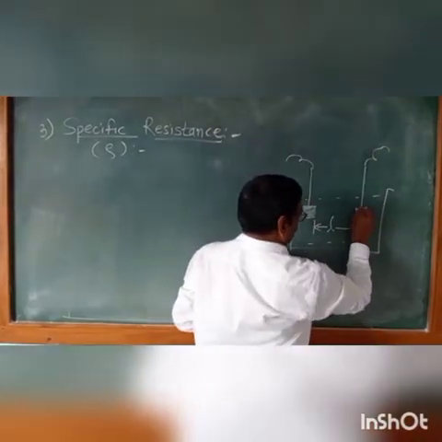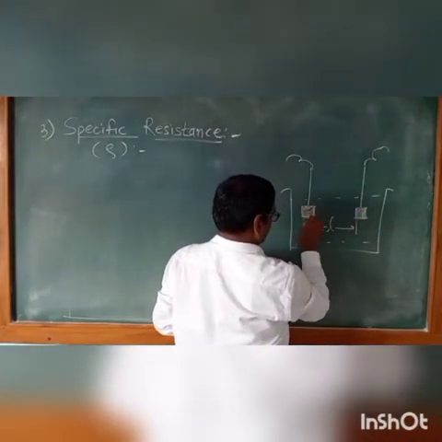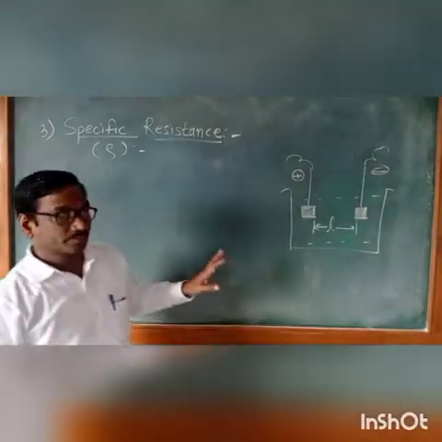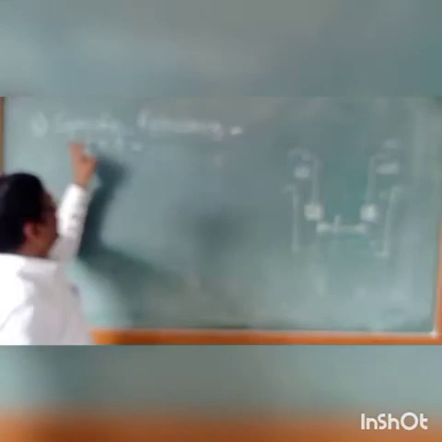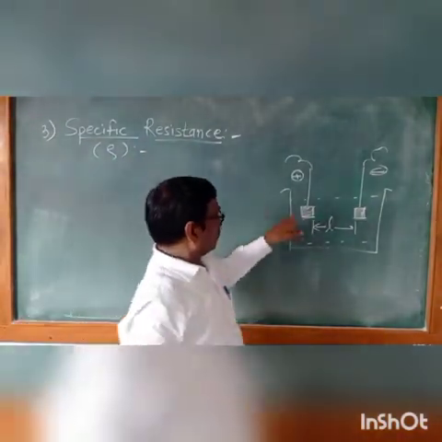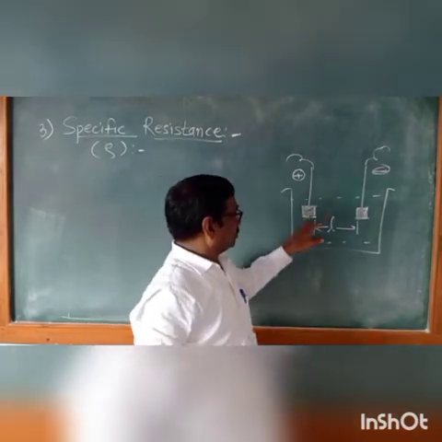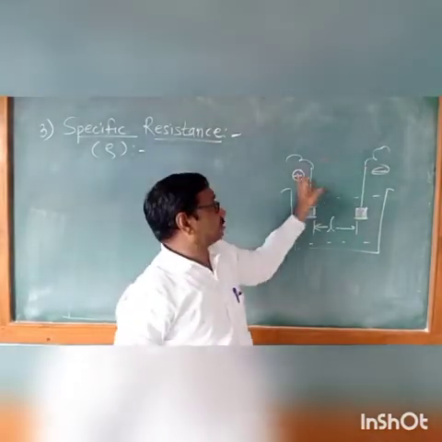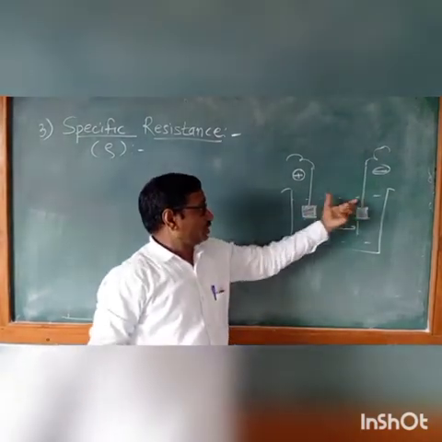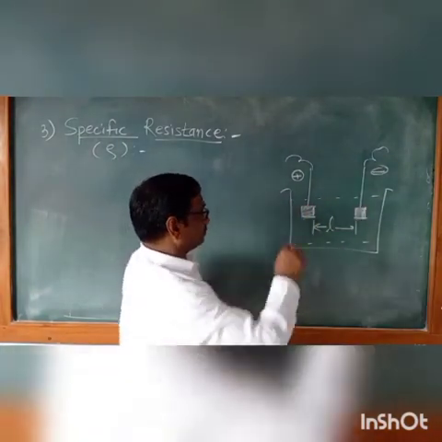These are the two electrodes, negative electrode and positive electrode. We are going to study the specific resistance, denoted by the symbol rho. These are the two metallic electrodes, and between them is the liquid, the electrolyte solution.